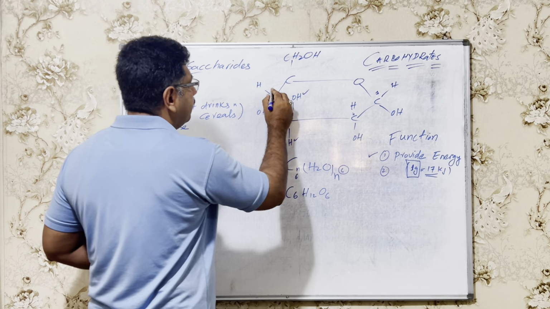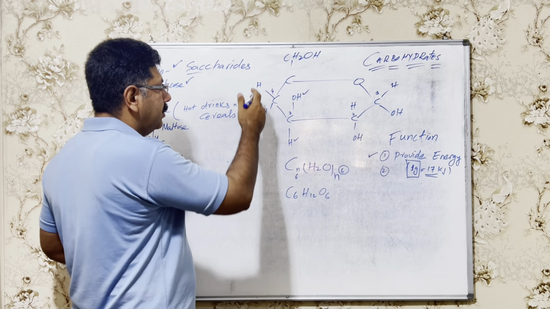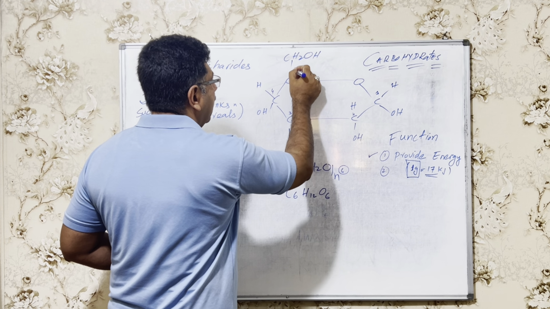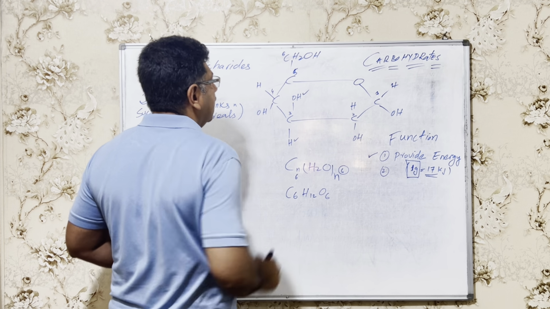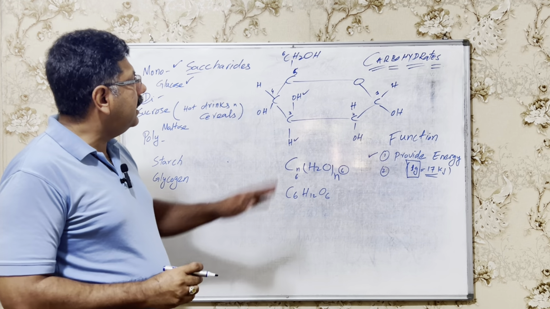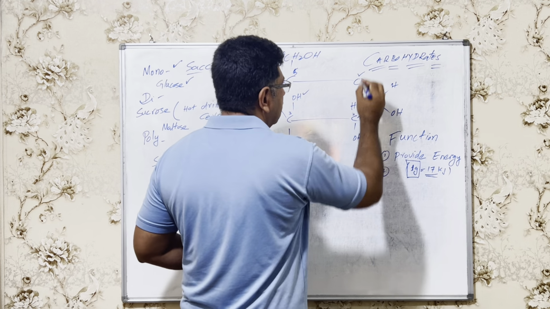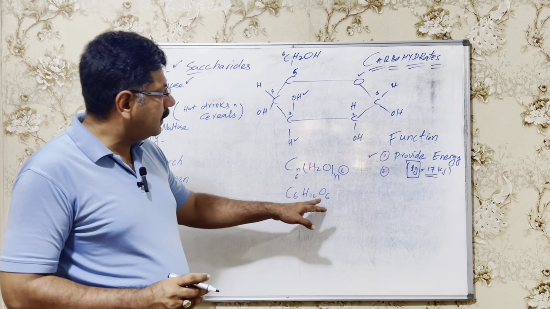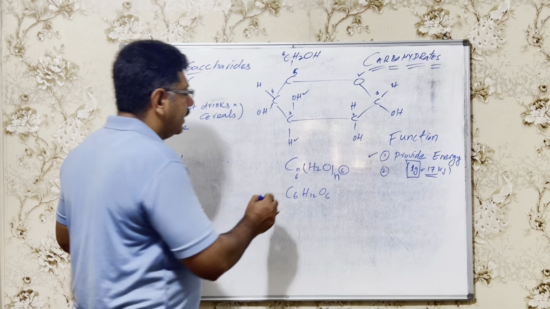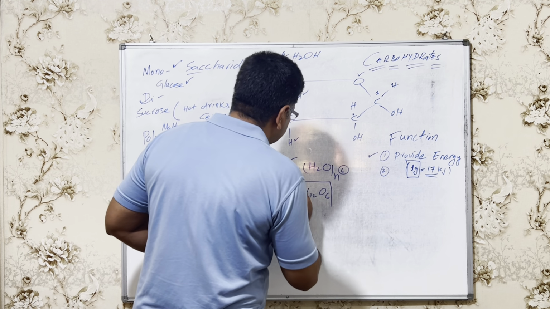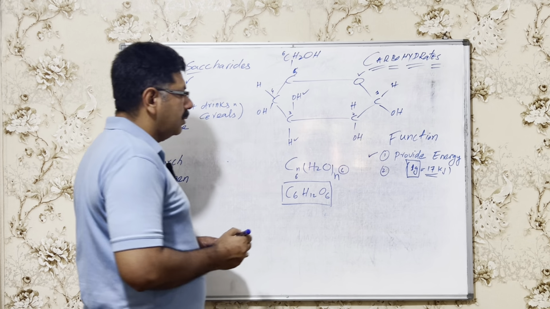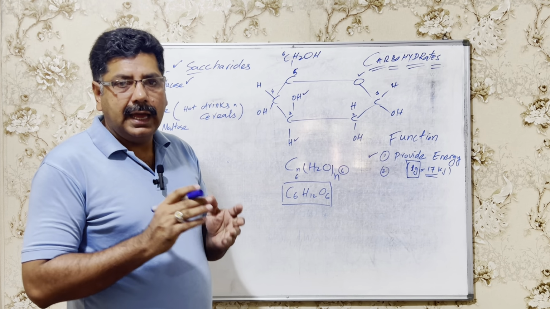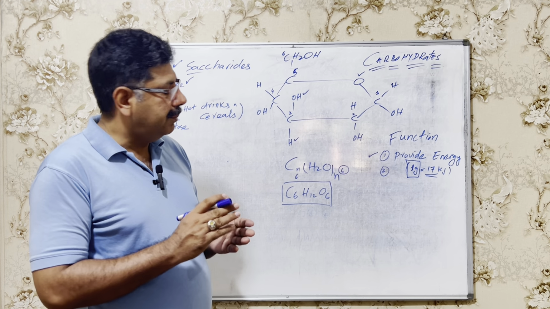Numbers 4, 5 and 6 are the same, with hydrogen and hydroxyl. So here 1 oxygen atom is here. On the whole we can say C6H12O6 is the primary monosaccharide, and it gives energy to animals in respiration, and to plants via respiration.